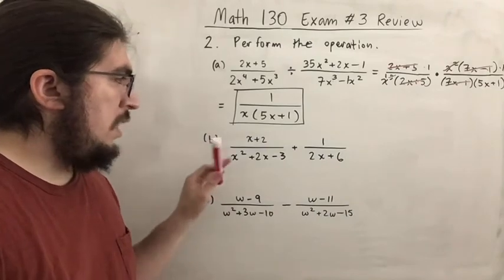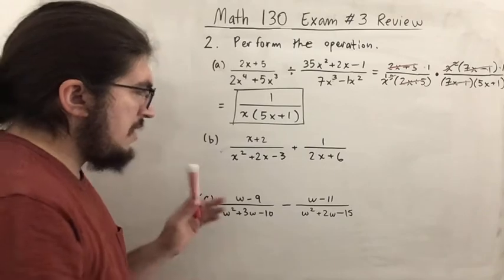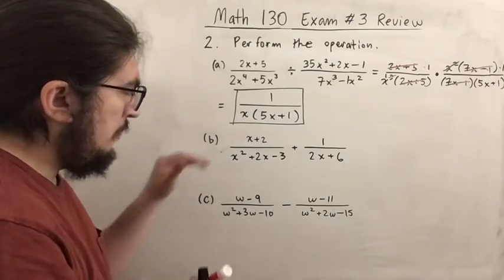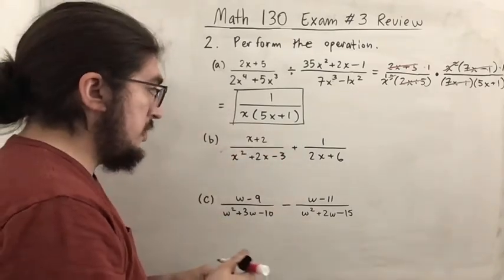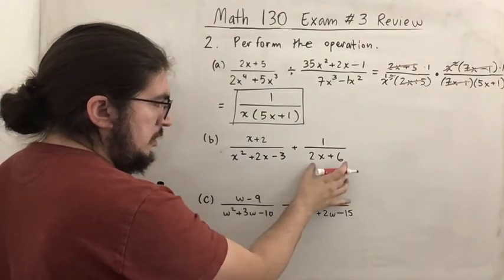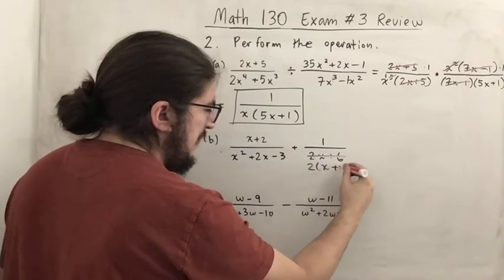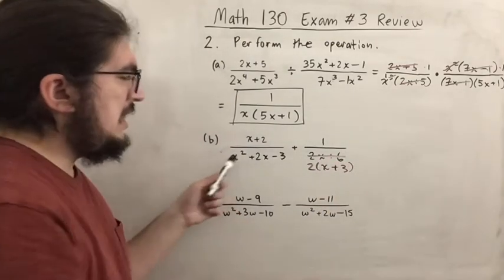Okay, for this one, again, I want to factor the denominators. And I'm actually going to factor them and replace the denominators with their factor versions. This one I'll hold off on, but notice that this is actually easier to factor. You can pull a 2 out and you get 2 times the quantity x plus 3. Now this is actually not too bad to factor.